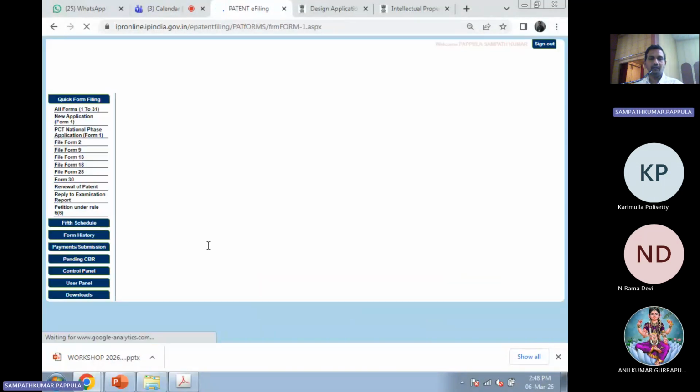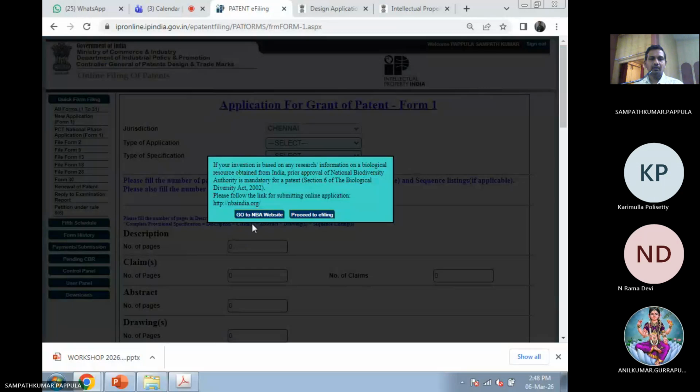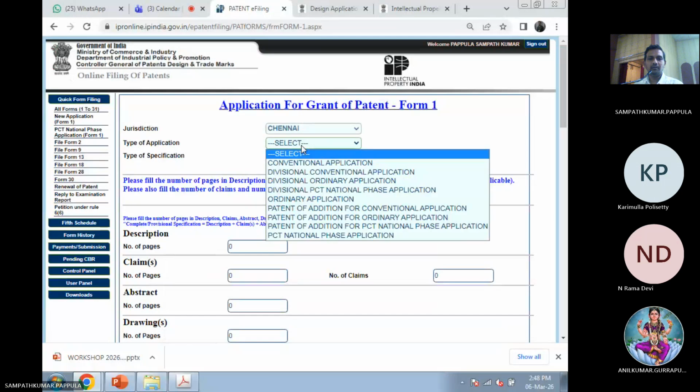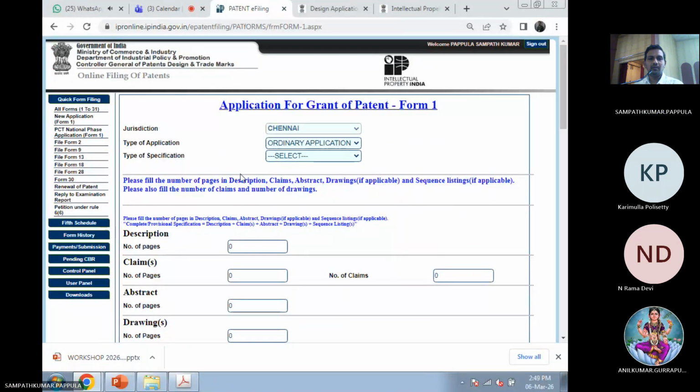starting from form 1, procedure to the e-filing. So here our address is Chennai only. Application is an ordinary application, complete application.